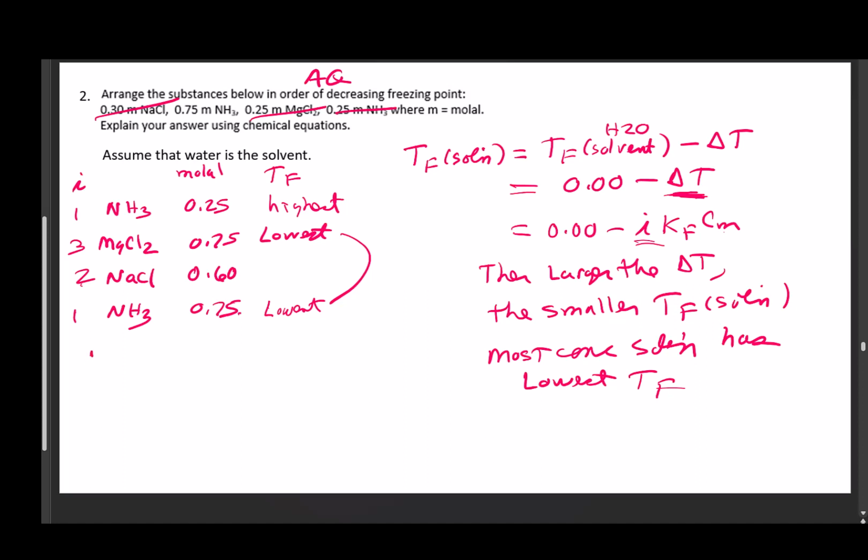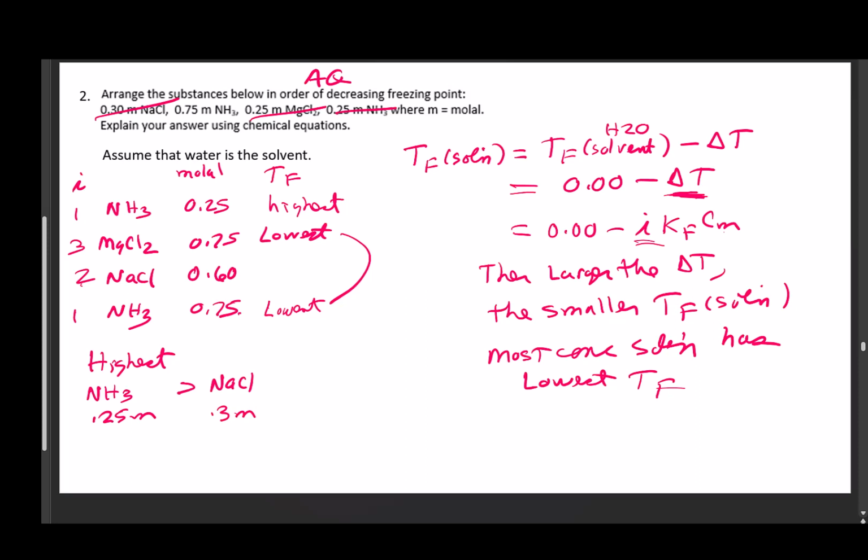So the highest freezing point would be the ammonia at 0.25 molal. Next lower would be the NaCl, originally 0.3 molal.